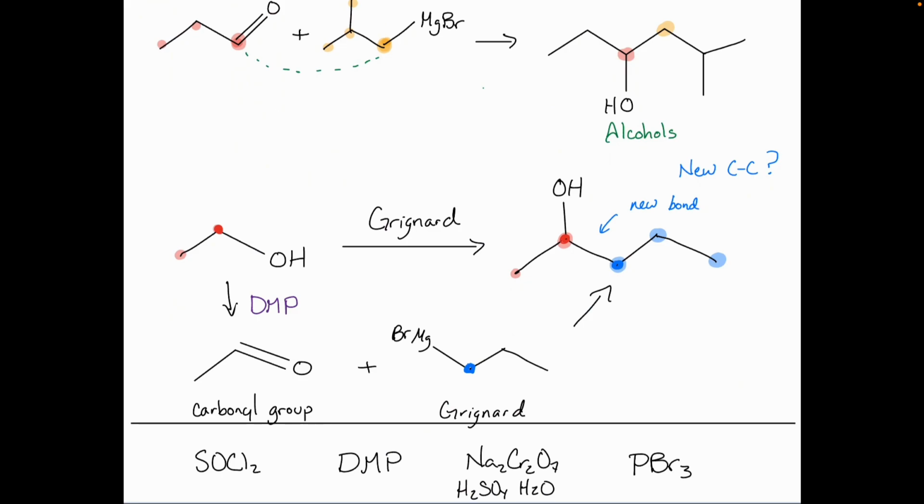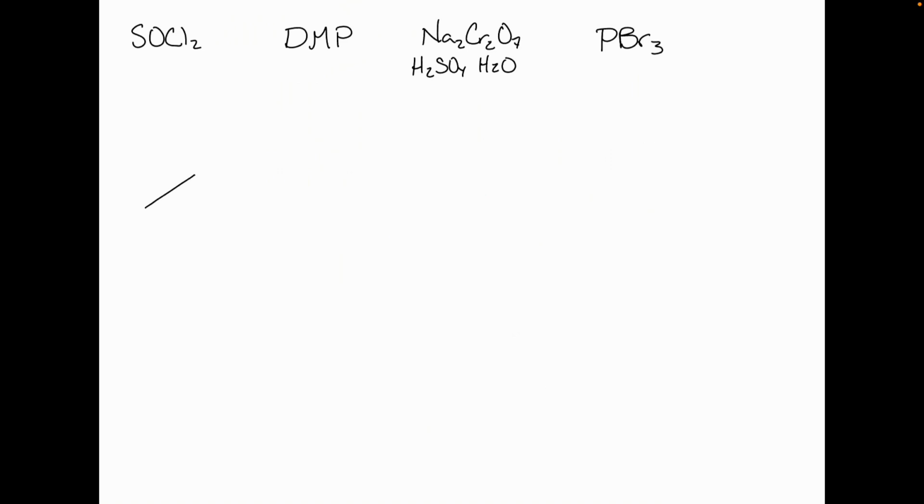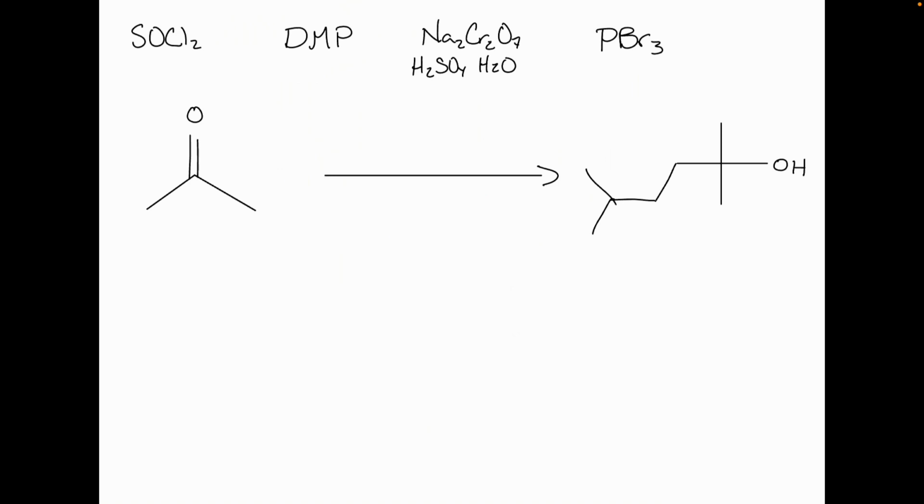All right, so I'm going to take this list of reagents here and put it up so we can have something to look at, and now y'all are going to do one on your own for me. Tell me how we would go about turning acetone, this thing here, into this thing here.